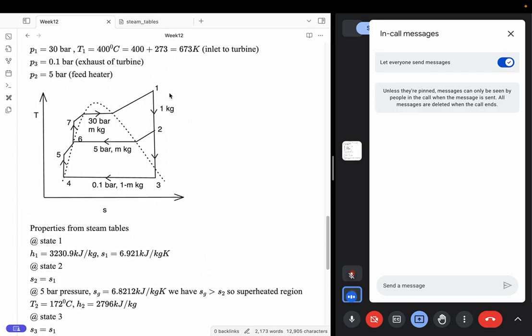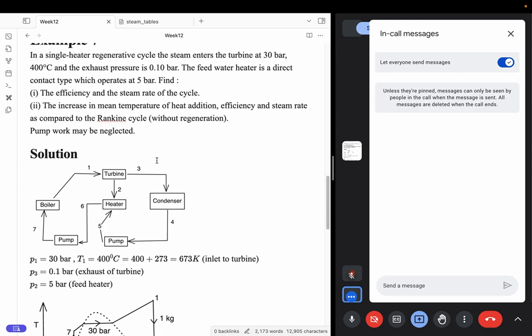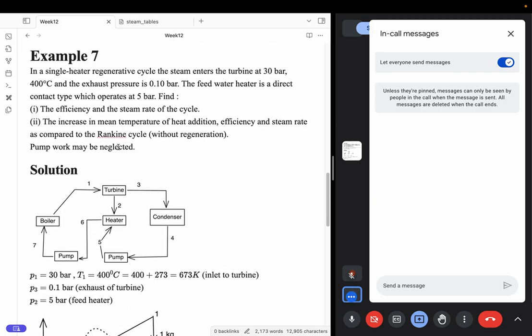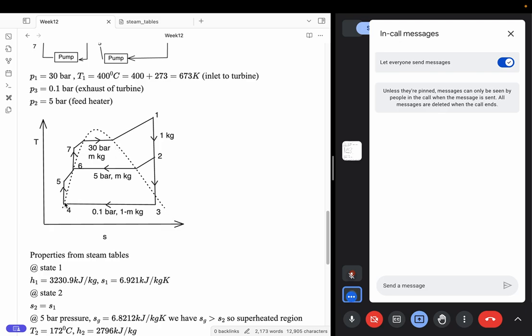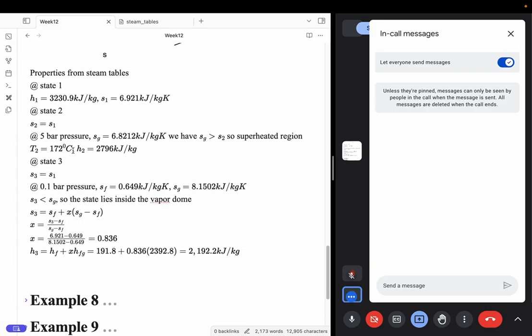So I know what is H1, I know what is H2, I know what is H3. Now, if you are neglecting the pump work, like it is mentioned in the problem that you can neglect the pump work, then H4 is approximately equal to H5, and H6 equals H7.